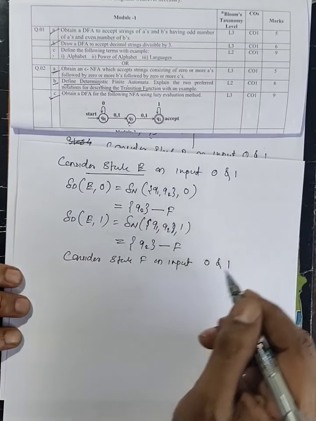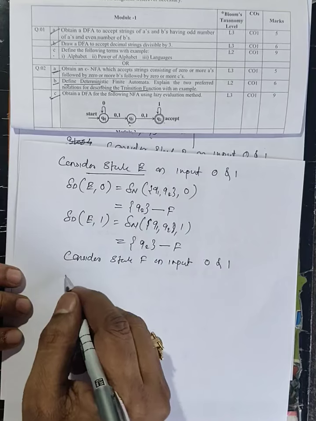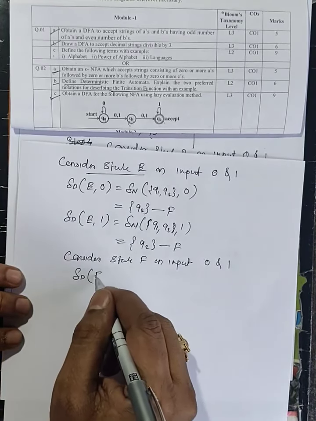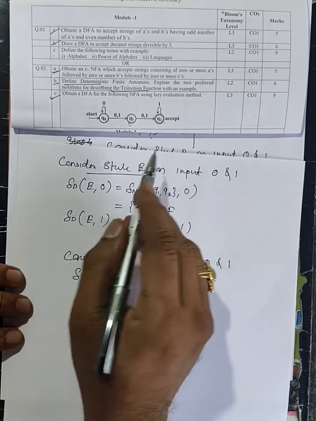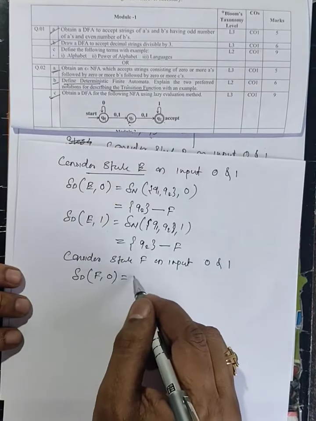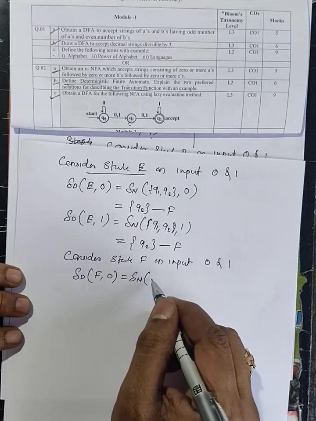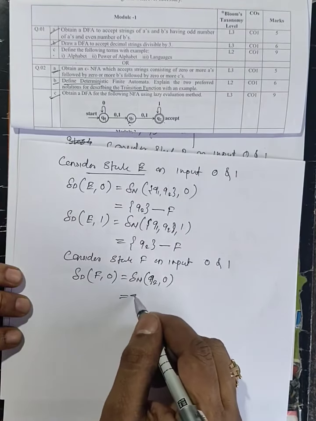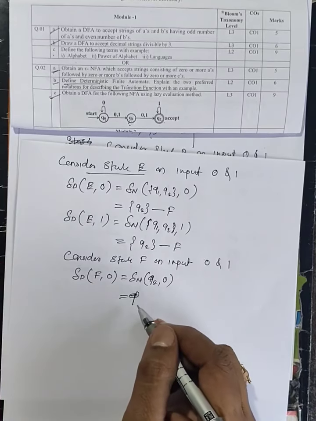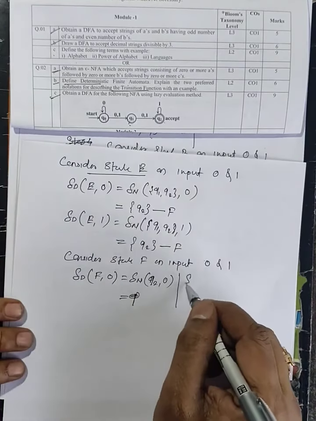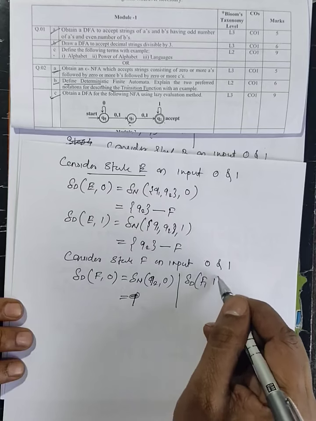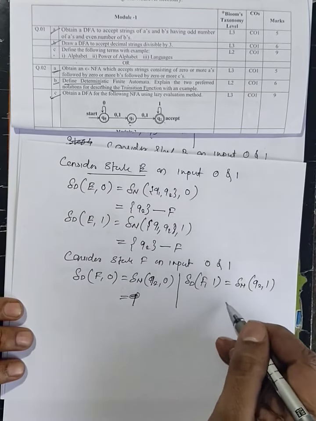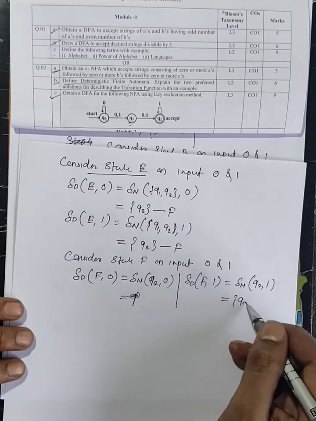Input 0 and 1. What is F? F is Q2. F on 0, Q2 on 0 in NFA: Q2 on 0 gives nothing. There are no transitions. F on 1, Q2 on 1 gives Q2.